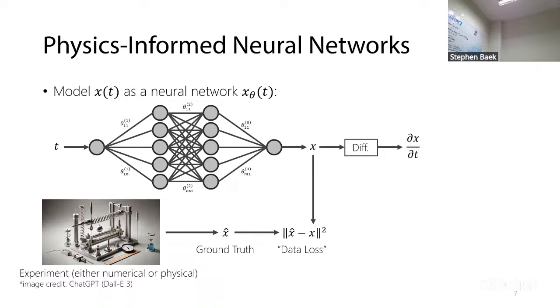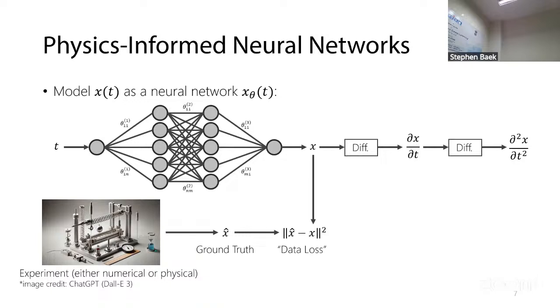Now the fun begins, and the interesting idea of the physics-informed neural network is in the fact that we actually go further from here and take the derivatives of x with respect to t, as well as the derivative of dx/dt, which is the second order derivative, the acceleration.